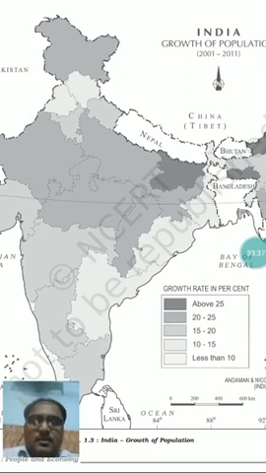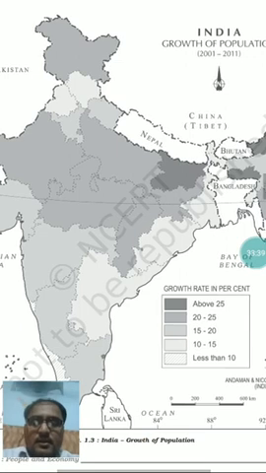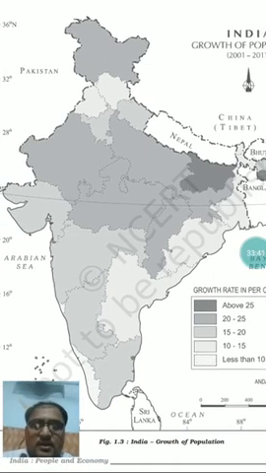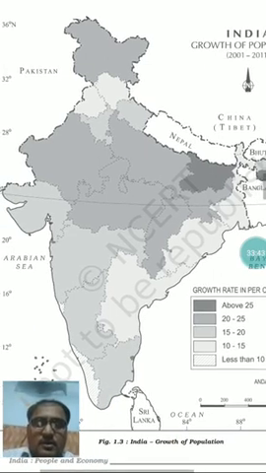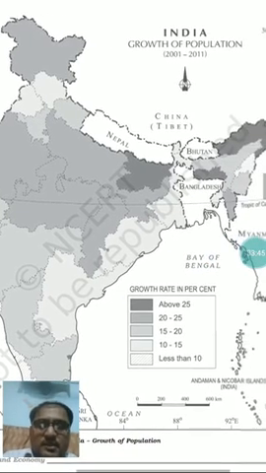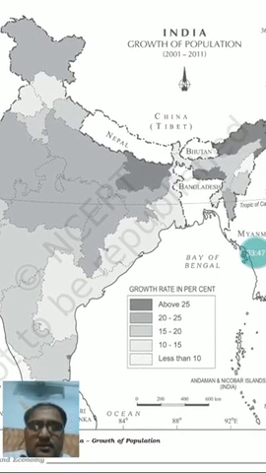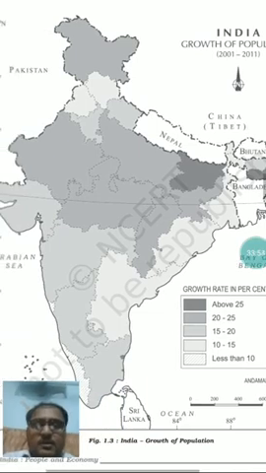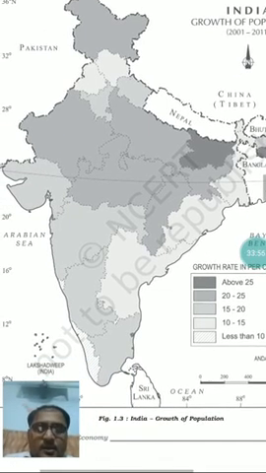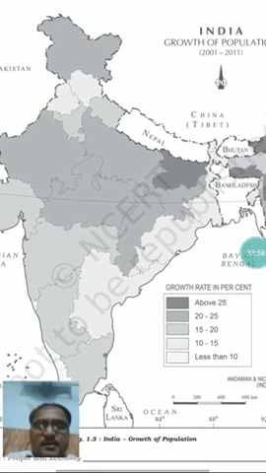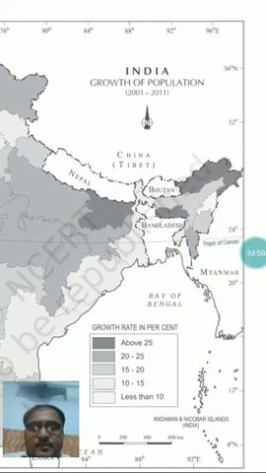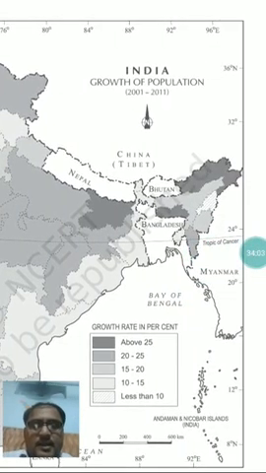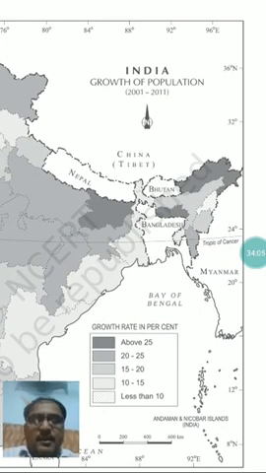States like Uttarakhand, Haryana, Gujarat, Maharashtra, Tamil Nadu, Karnataka come under this. And then 10 to 15%: Andhra, Odisha, West Bengal, Punjab, Himachal and Kerala. And the rest less than 10%. That is Nagaland. Nagaland is having a negative rate of population growth.